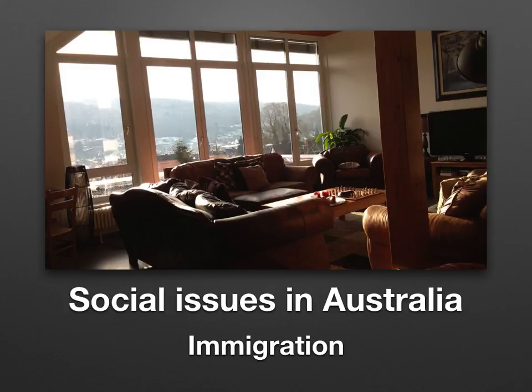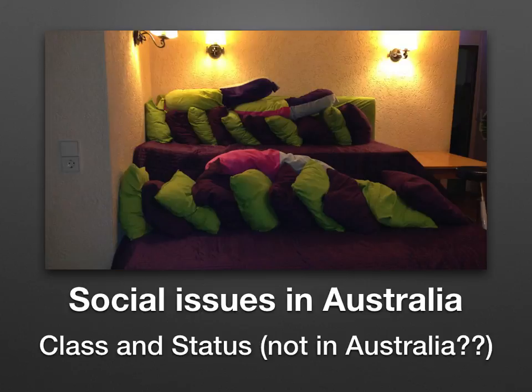So another social issue in Australia is immigration, and some people that are newly arrived here don't have access to the same assets. It's interesting to think about class and status in Australia, isn't it? Because you've probably debated this. We've debated it.